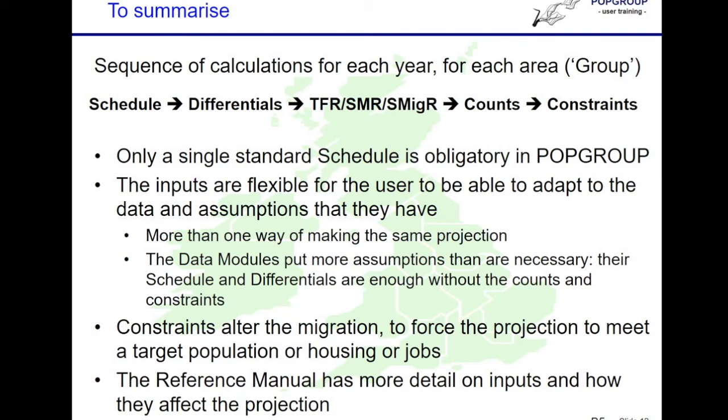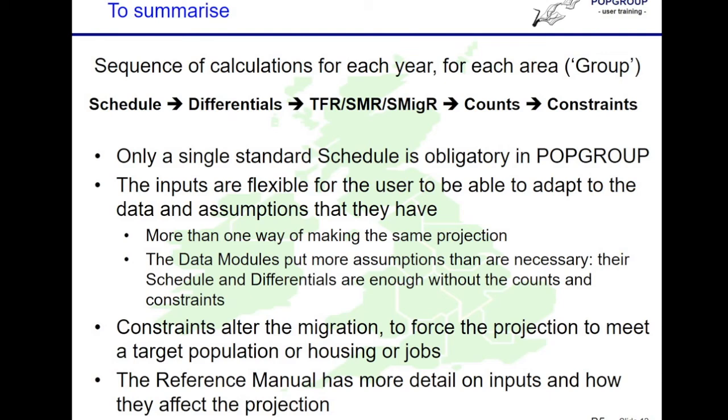We can provide summary measures such as total fertility ratios, and POPGROUP will adjust our estimates of births, deaths, and migrations to replicate those summary rates. POPGROUP will then look for counts of births, deaths, or migrations and ensure that the projections or estimates match those counts. And then finally, it will look for constraints.